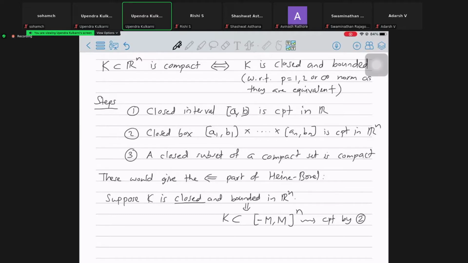Because remember what we said? Closed sets of a subspace are closed sets of the big space intersected with S. So if this closed set was already part of the subspace, then intersection doesn't do anything and it remains closed. So thus K is a closed subset of the compact set.